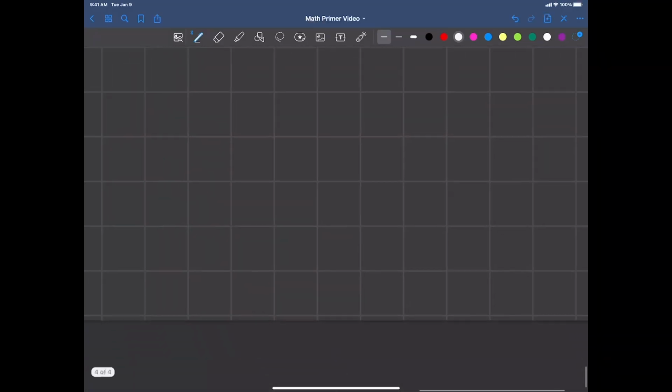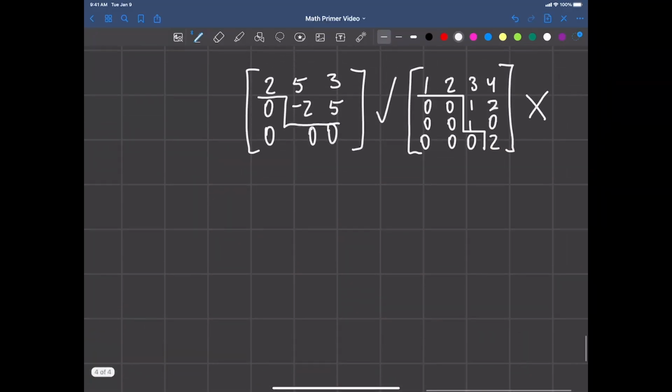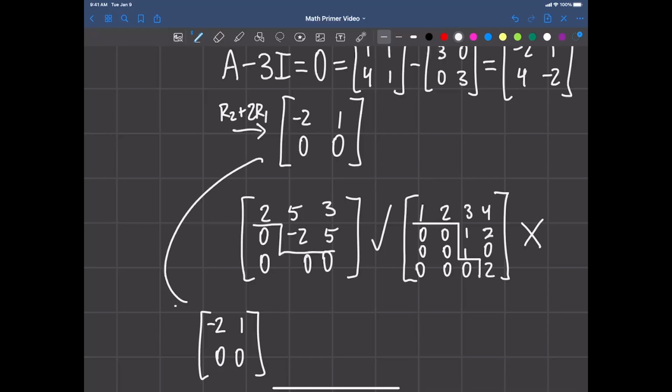Now let's continue where we left off. We left off with this matrix negative 2, 1, 0, 0, which we got from here.